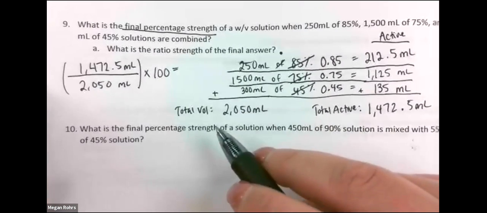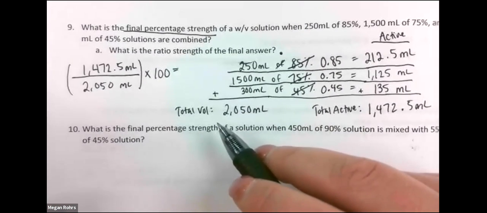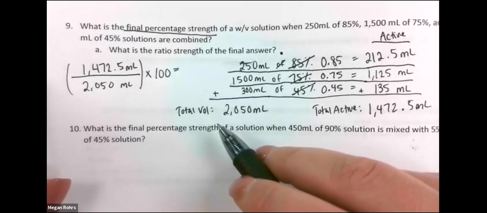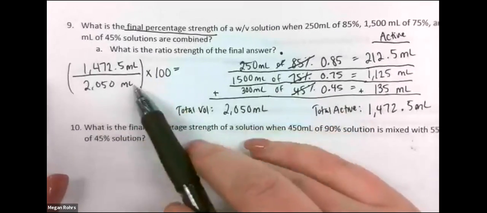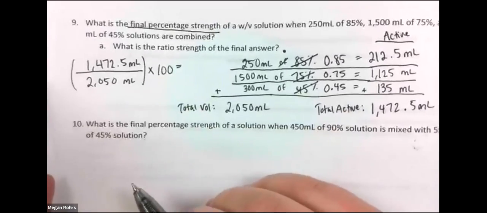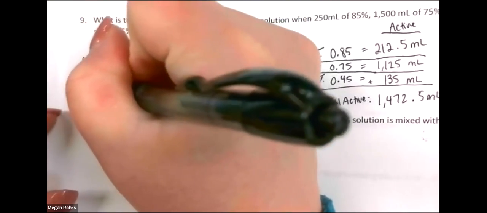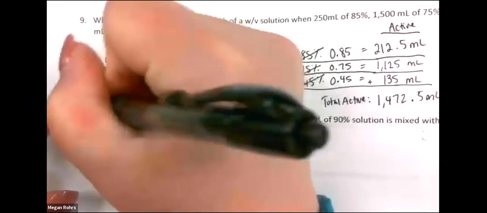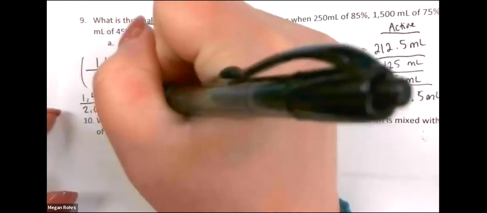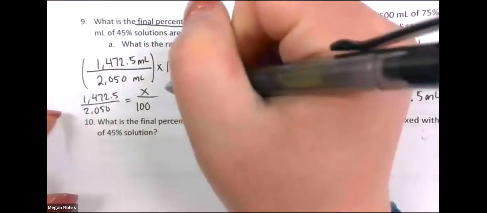Or if you want to do it the way that we're used to, remember percent strength is always X over 100. So we can just set this fraction equal to X over 100. So 1,472.5 over 2,050. Set that equal to X over 100.